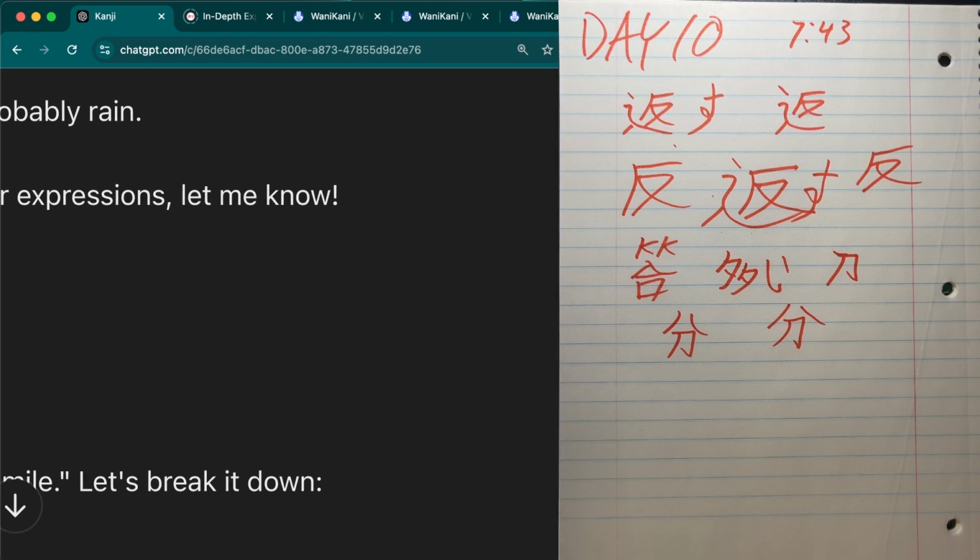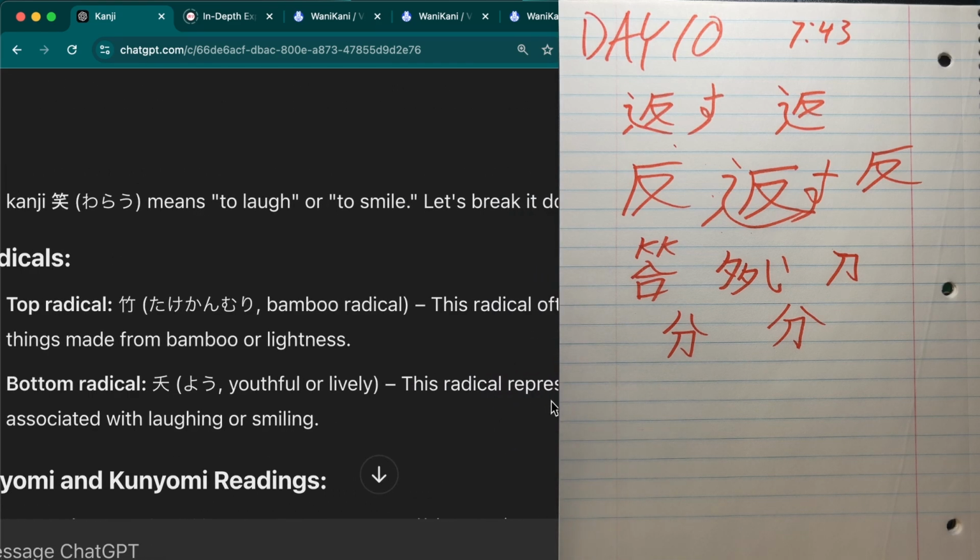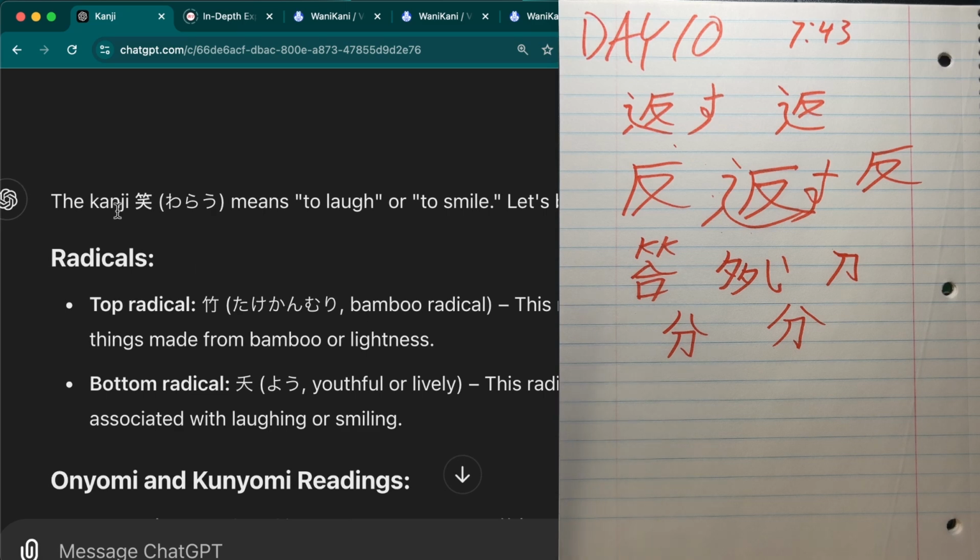Let's do wada wada wada next. Wadao means to laugh or to smile. If you don't know this kanji, a quick explanation is it's the equivalent of saying ha ha ha in English when you text. I don't know if people do that anymore. Some people just do LOL or something, or I'm not sure what people use these days.